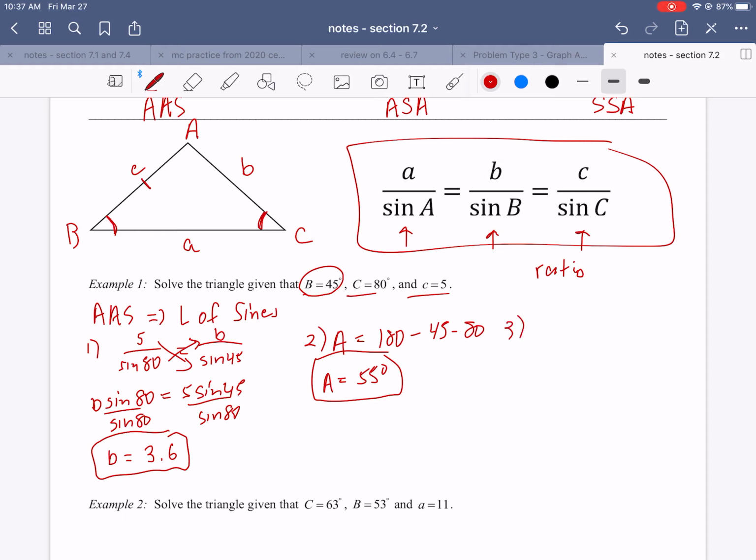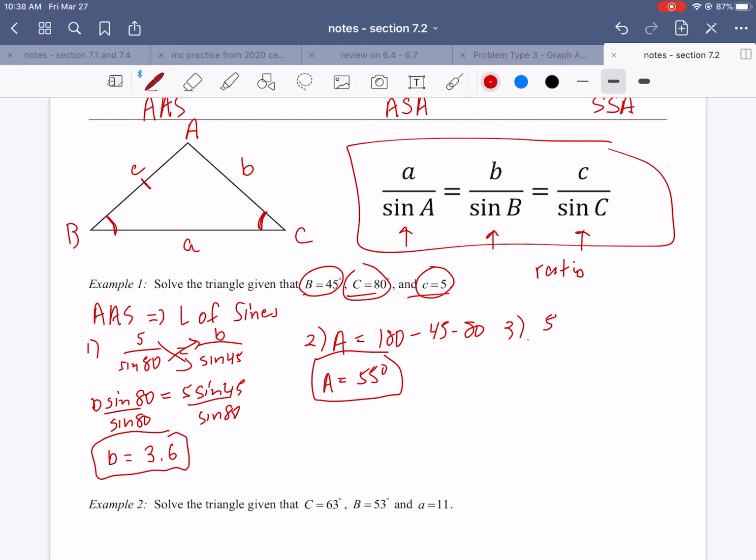Okay, the last thing is we are missing side little a, and so we're going to again use our given ratio, which again was the C ratio, since we had the angle and the side for letter C, and we're going to set that equal to our A ratio now in order to solve for little a.